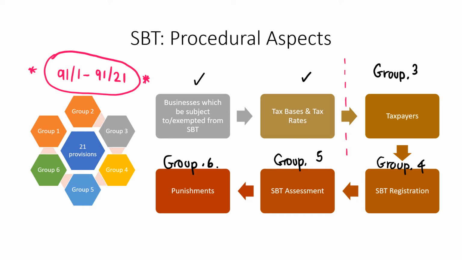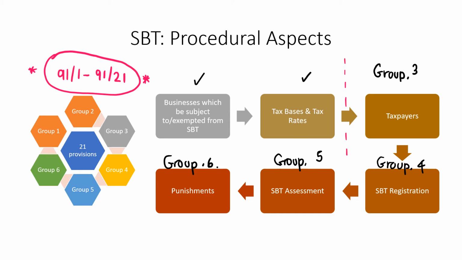Actually, Group 3 is about the taxpayer duty regarding specific business tax. Group 4 is about the duty of the taxpayer to register for specific business tax. Group 5 is about the power of the tax authority, which is the Revenue Department, to assess or to audit your tax return.